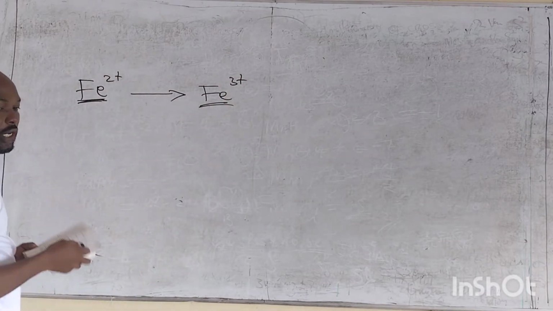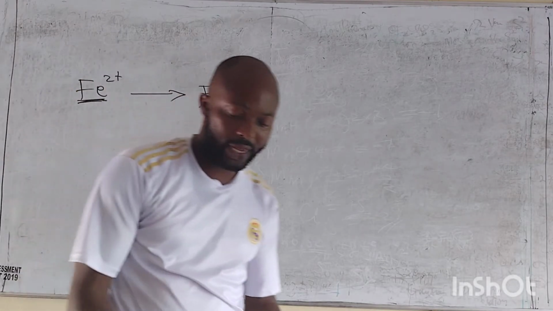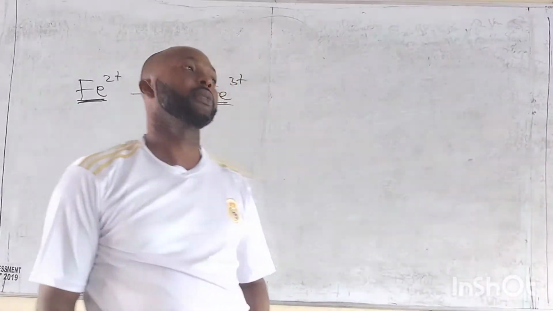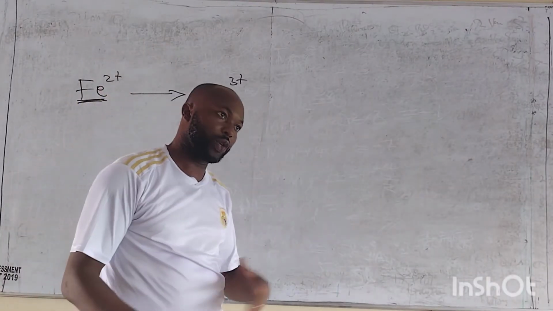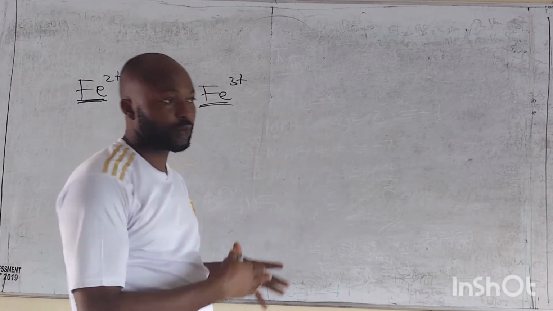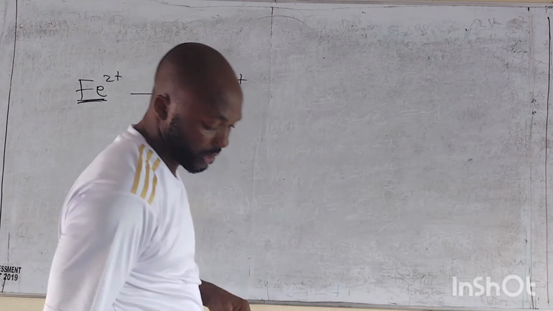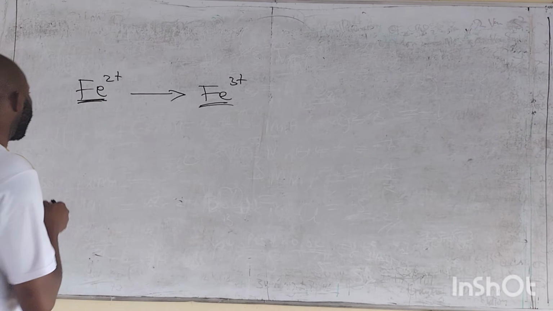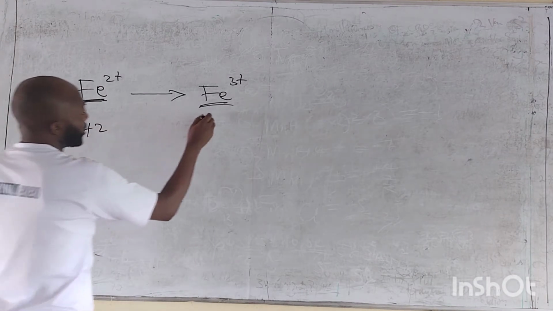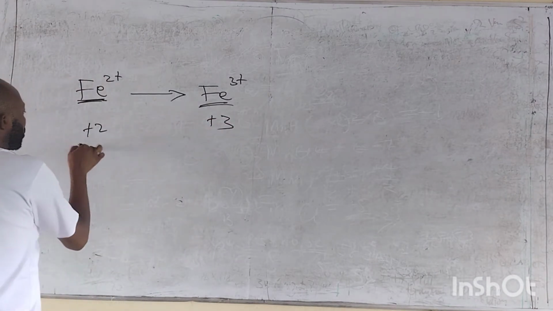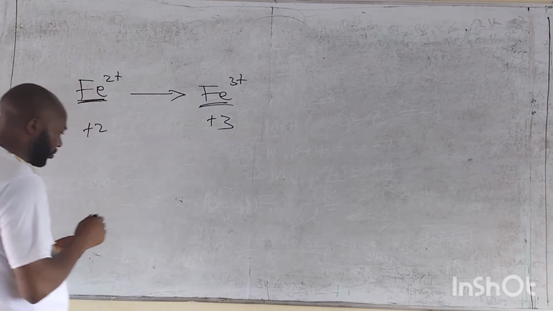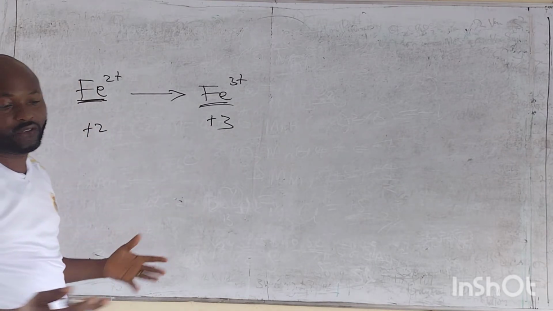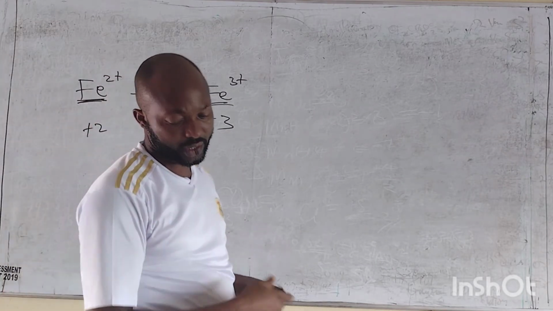We say the oxidation number of any element is equal to the overall charge on that element. So here the oxidation number is +2, here is +3. So here was 2 and here is 3. What happened? It increases, so oxidation takes place.